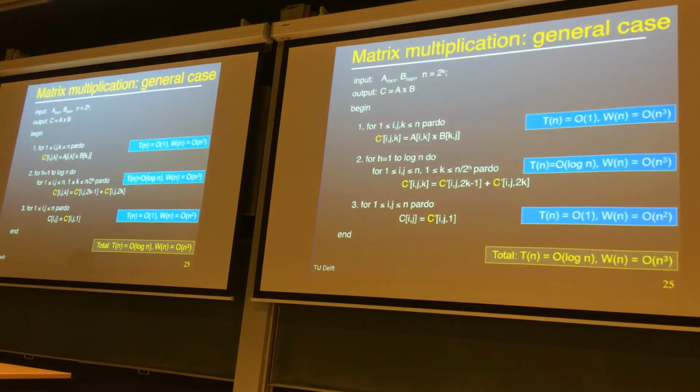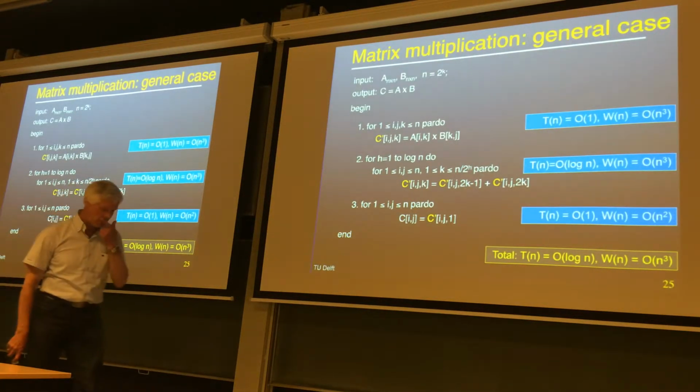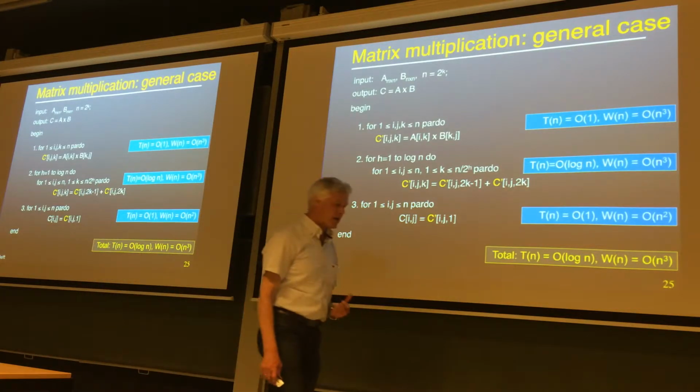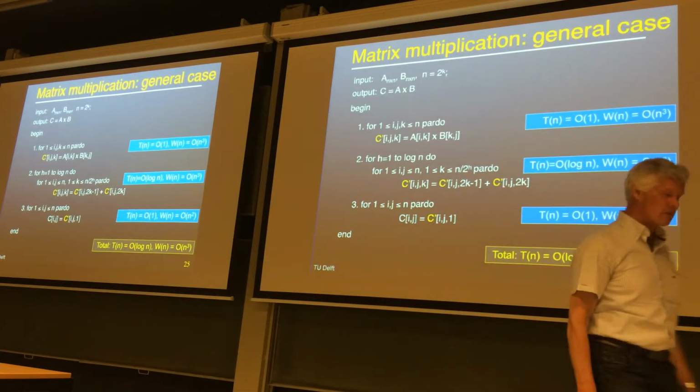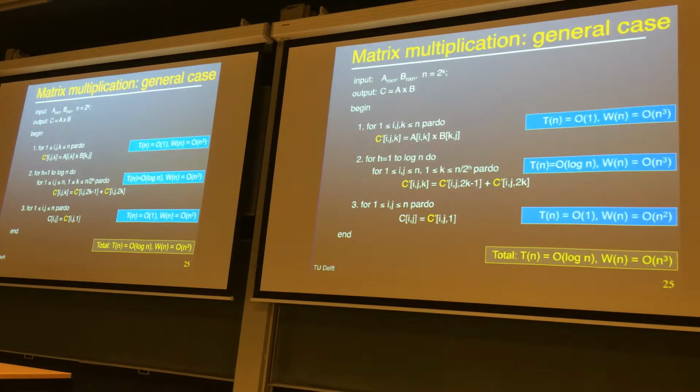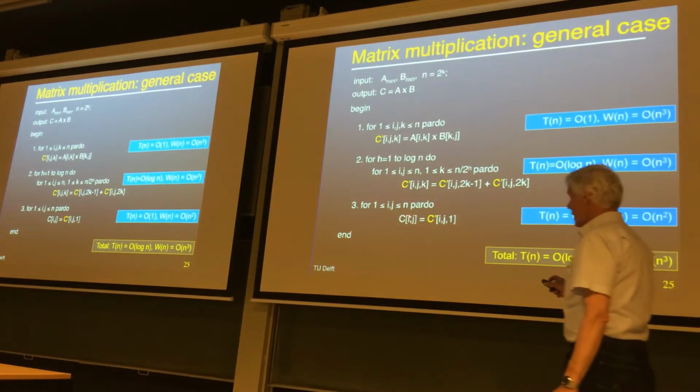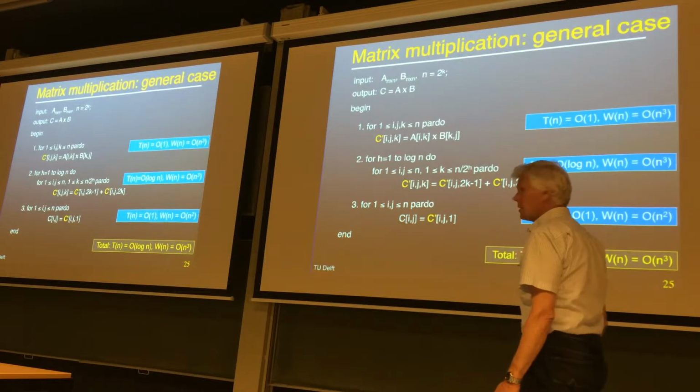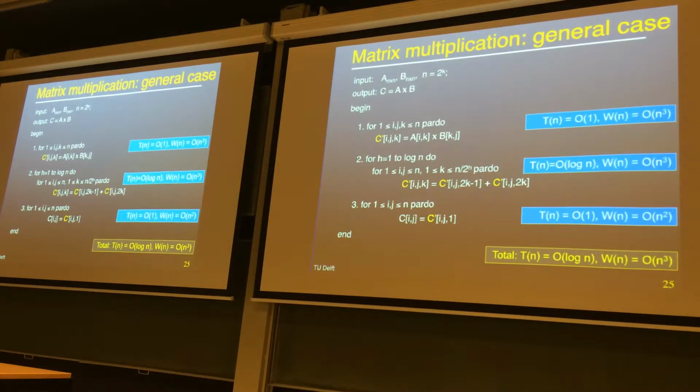Let's continue with the second topic I would like to discuss, and that's matrix multiplication for special cases. Here is the basic algorithm that we need for matrix multiplication, and that was in fact by doing parallel prefix computation steps, in order to come up with the entries C_ij1, where the results of these prefix computations are stored, and these are transferred then into the final entries of the matrix.